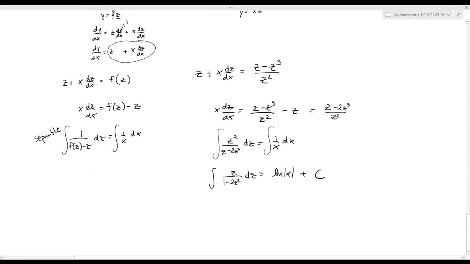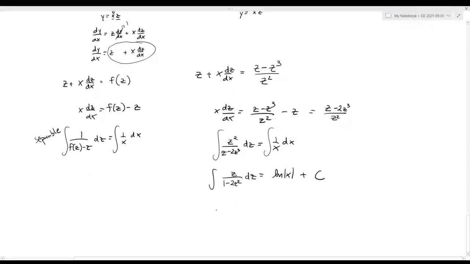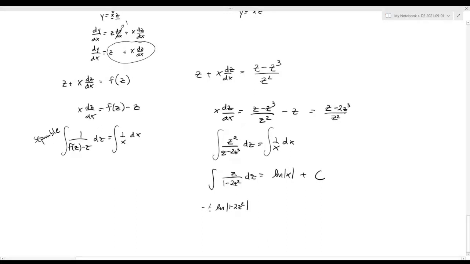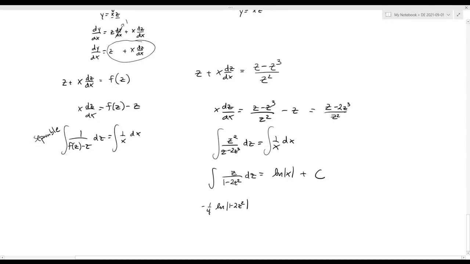Now it's just a matter of integration, so I believe this is going to be, what is this? Natural log of 1 minus 2z squared divided by negative 2, negative 4. Yeah, negative 4. So I just did a kind of substitution in my head, right?